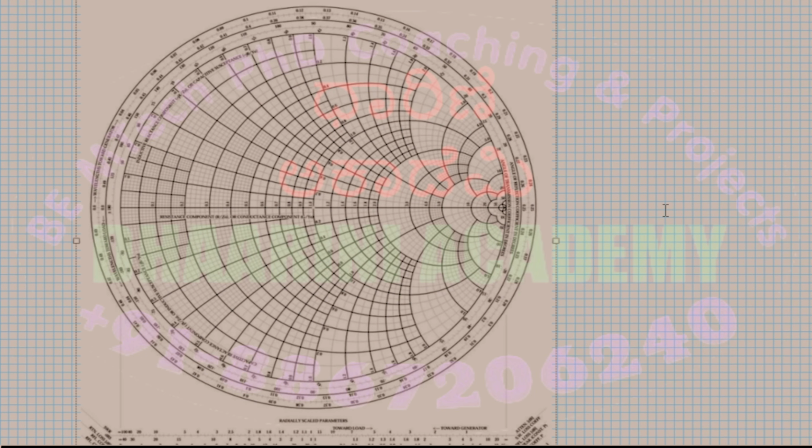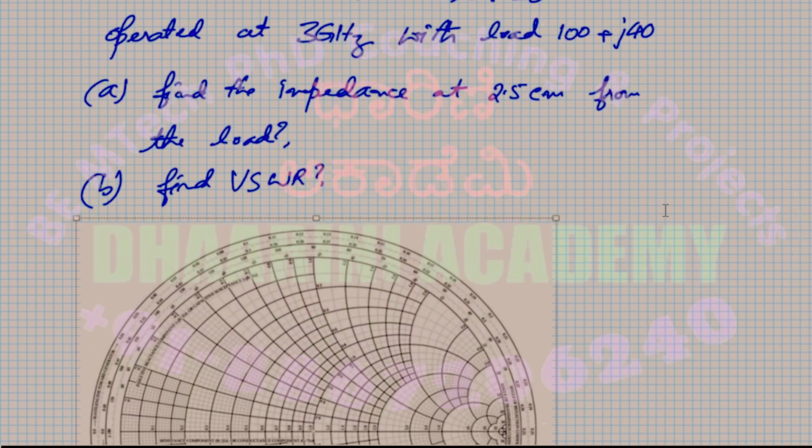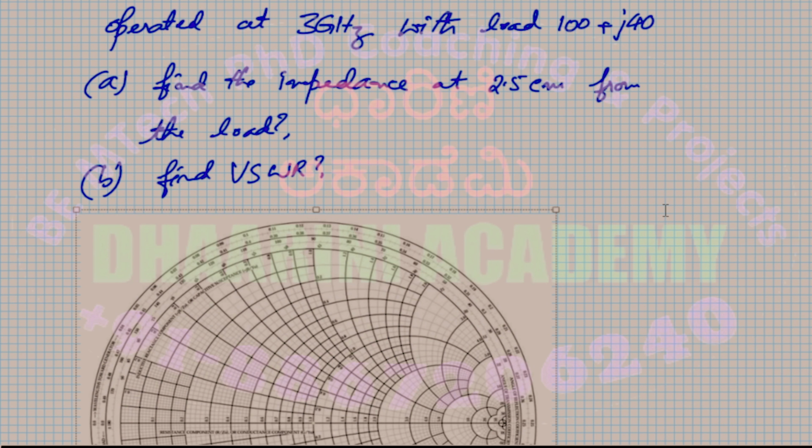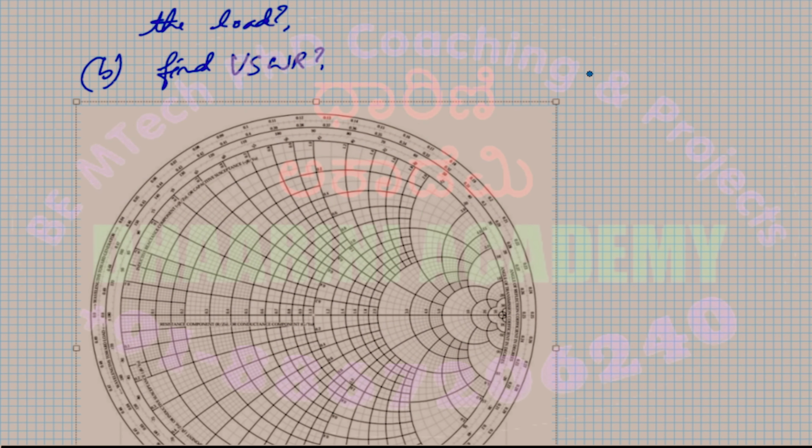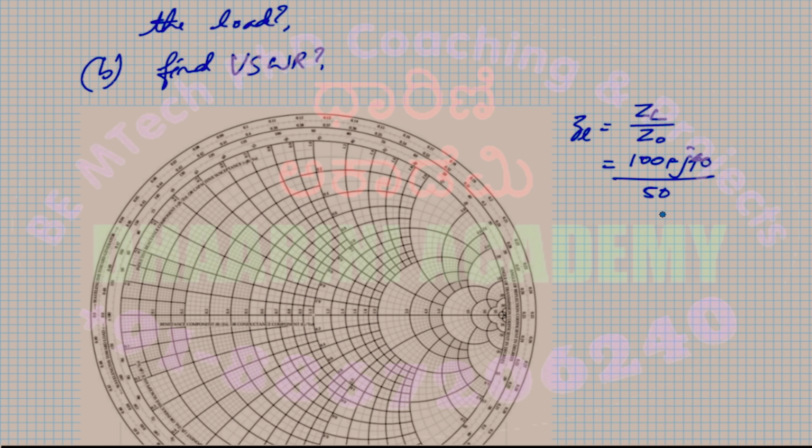All right, so they have given the details such as the Z naught and load impedance. So let's convert the load impedance. Small zL is equal to the capital ZL divided by Z naught. How much is that? We have 100 plus j40 by 50.